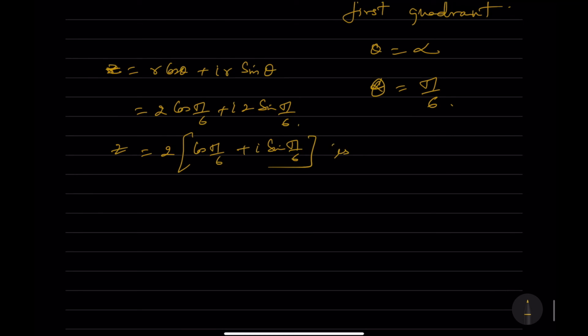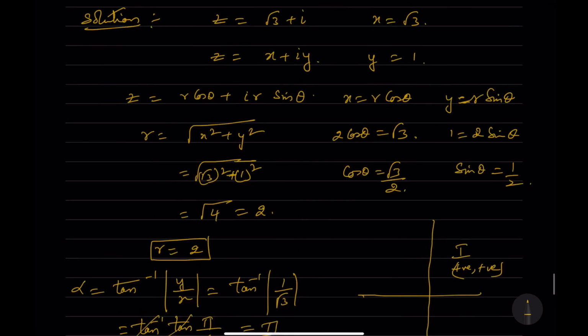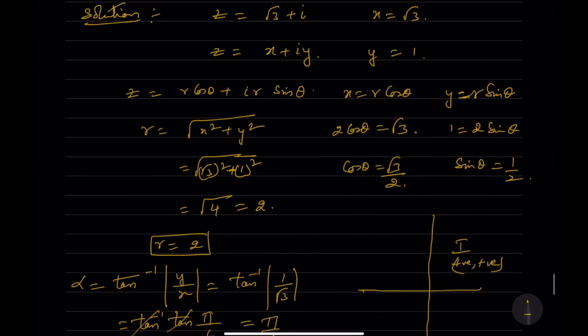This is the polar representation of root 3 plus i.